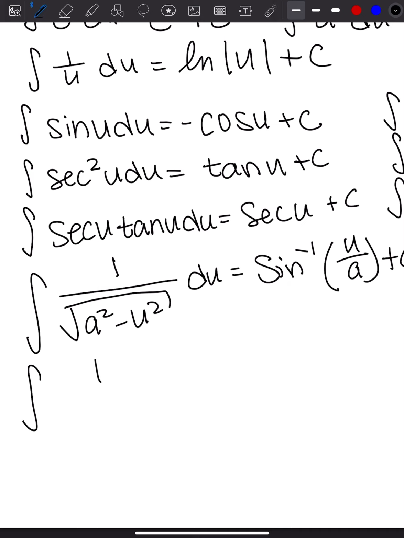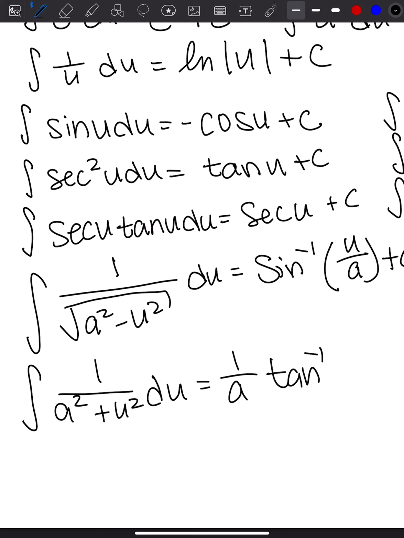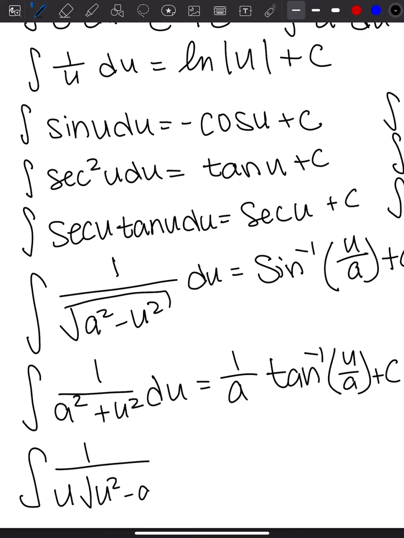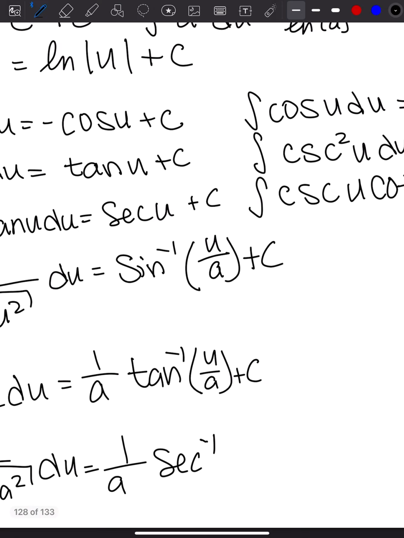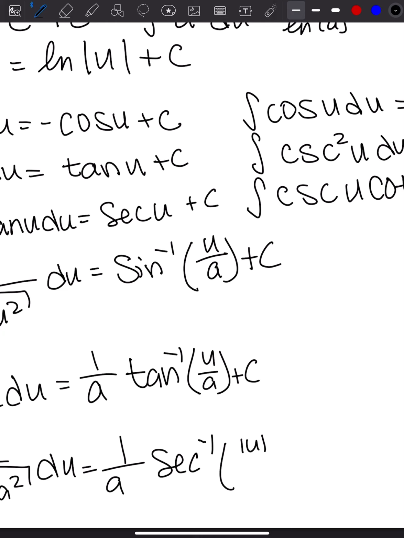The integral of 1 over a squared plus u squared is equal to 1 over a tangent inverse of u over a plus c, and the integral of 1 over u times the square root of u squared minus a squared du is 1 over a secant inverse of the absolute value of u over a plus c.